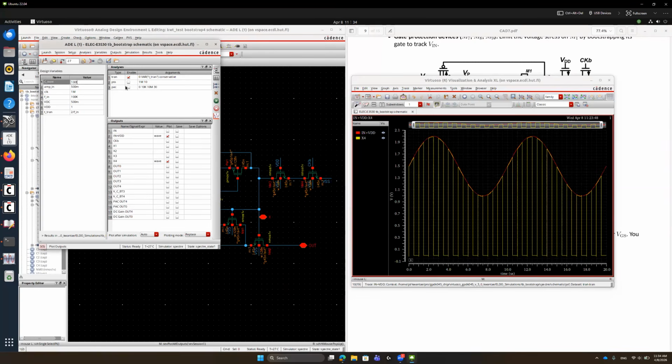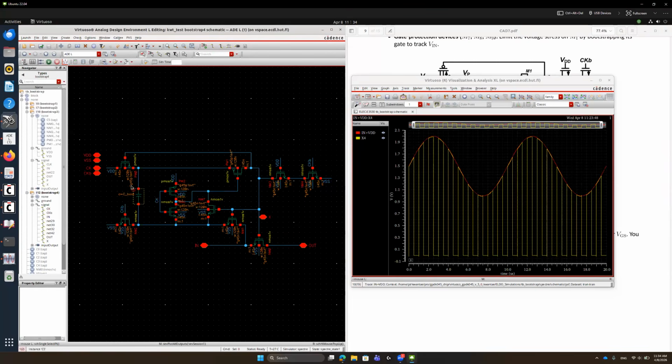But there is always a trade-off. If you increase that, then the power consumption of this bootstrapping circuit will increase, and also the input capacitance of the preceding buffer stage. For example, we have a buffer here that is driving the input pin.